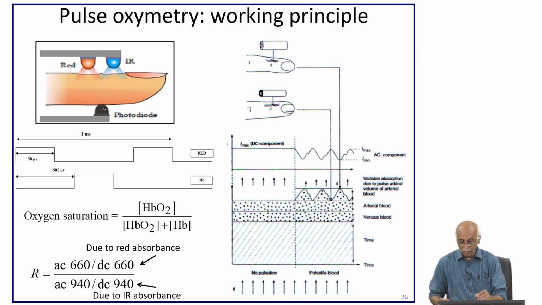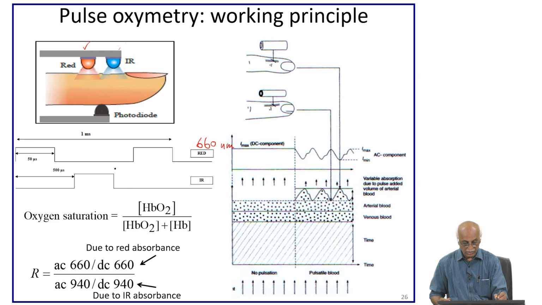In order to capture the information of the blood which is getting supplied afresh, and the amount of oxygen it is carrying, or oxygen saturation, both the red as well as the IR sources are modulated. Let us say the red, meaning the 660 nanometer light source, is modulated with a frequency of 1 kilohertz.